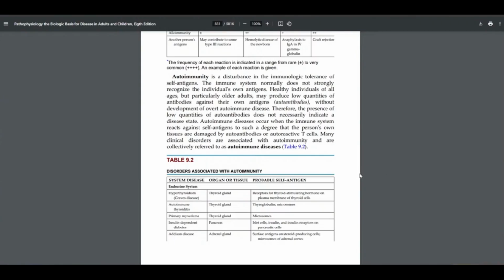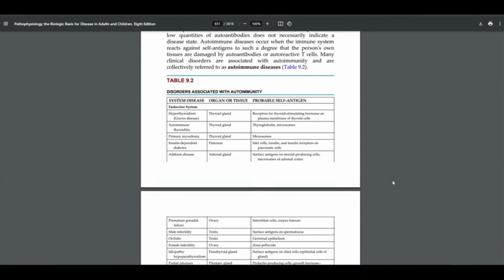So autoimmune diseases could include Graves' disease, autoimmune thyroiditis, primary myxedema, all of which come from the thyroid gland and could be caused by either receptors for thyroid stimulating hormone on the plasma membrane of the thyroid or thyroglobulin microsomes, or just microsomes.